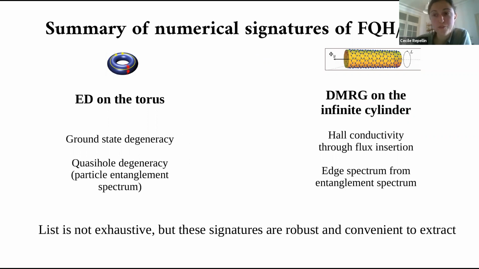Of course, it's not a list that is completely exhaustive. It's a bit personal in a sense. I showed you the ones that I find to be quite convenient to extract, but also quite robust. For example, extracting a single number and trying to find whether it's quantized, for example by calculating the Hall conductivity, can be nice as a verification.